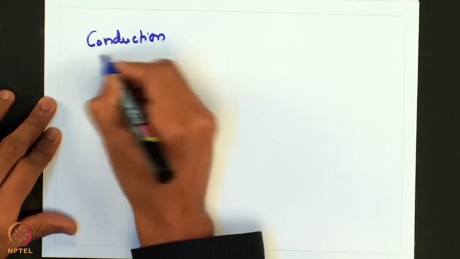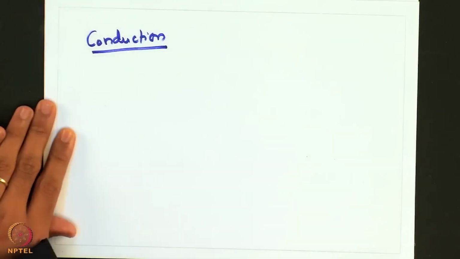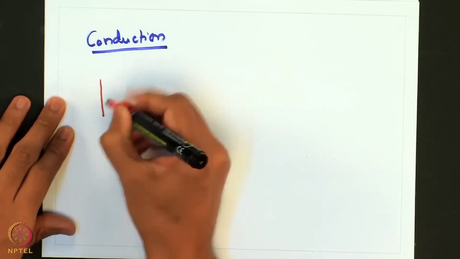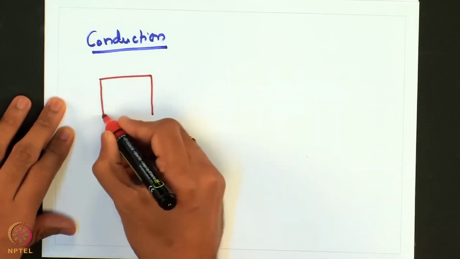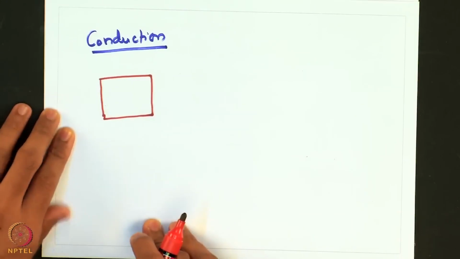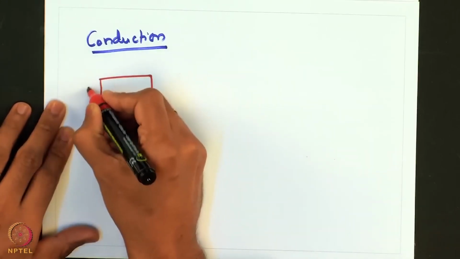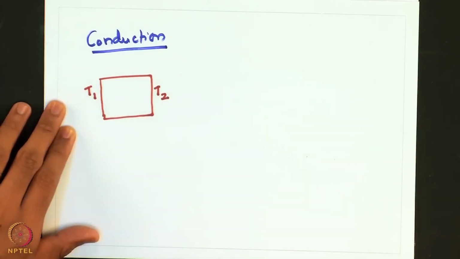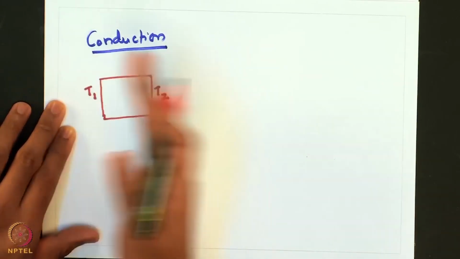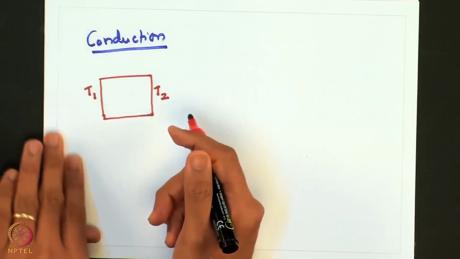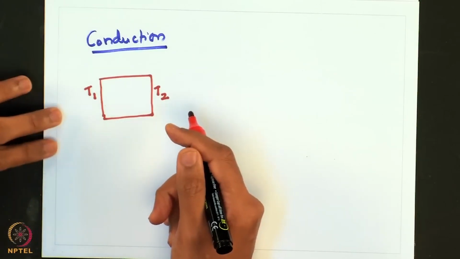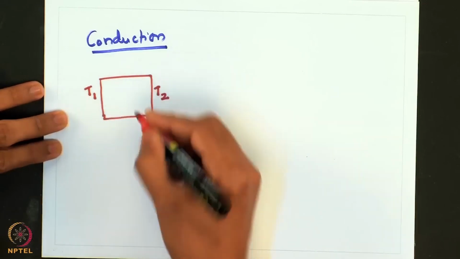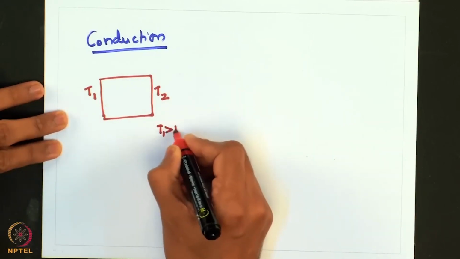So, let us look at conduction. Suppose we take a slab and we maintain the temperature of the 2 walls, or 2 ends, of the slab at temperatures T1 and T2, and suppose that T1 is greater than T2.